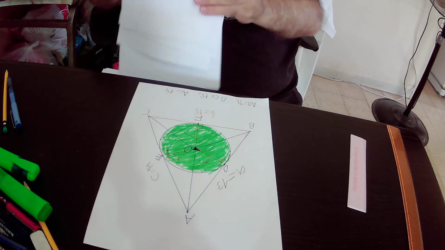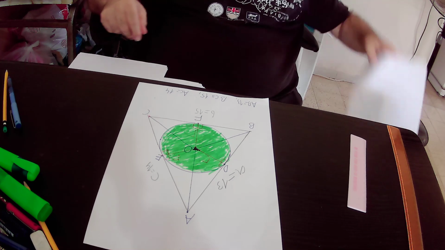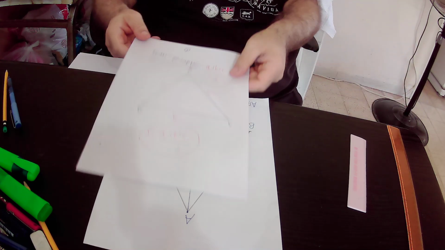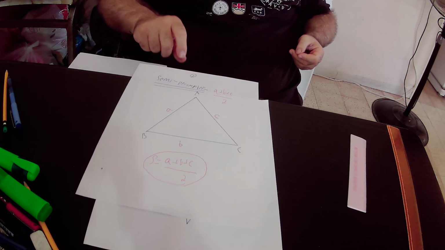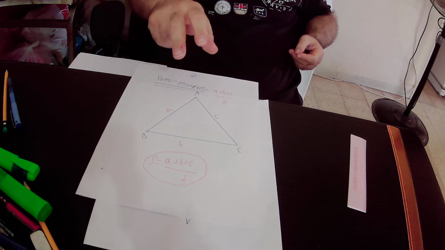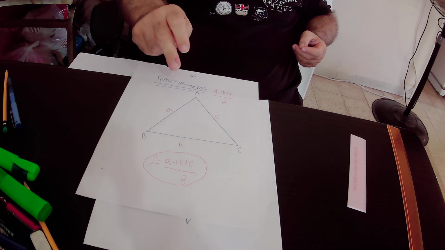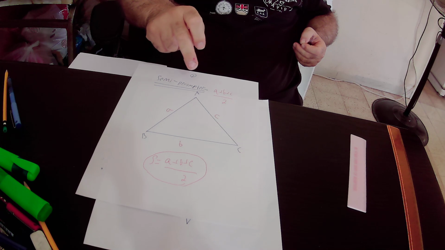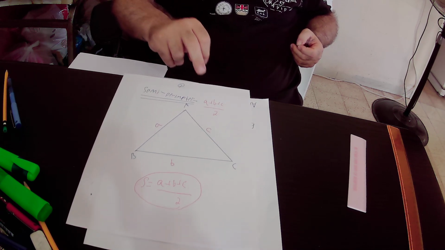So actually, I'll explain again what the semi-perimeter is. In any triangle, the semi-perimeter of this triangle, that can be any triangle, equals the sum of its sides, that is A plus B plus C, over 2.